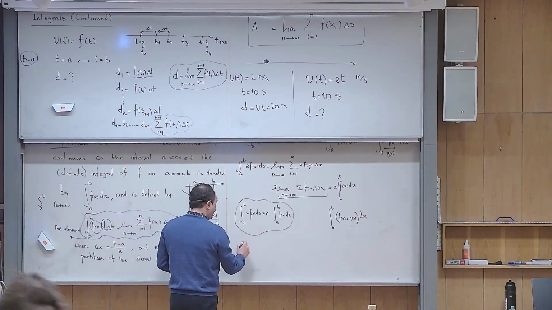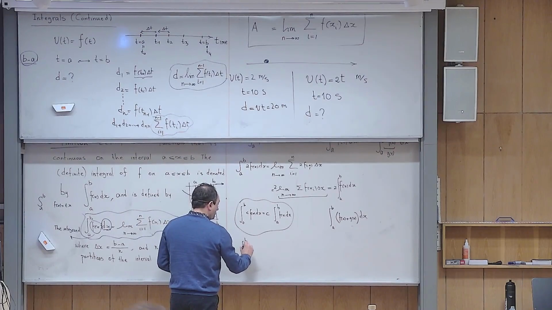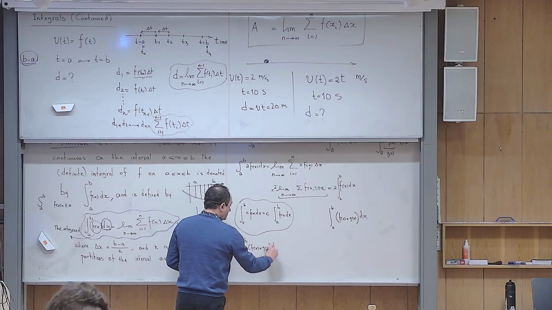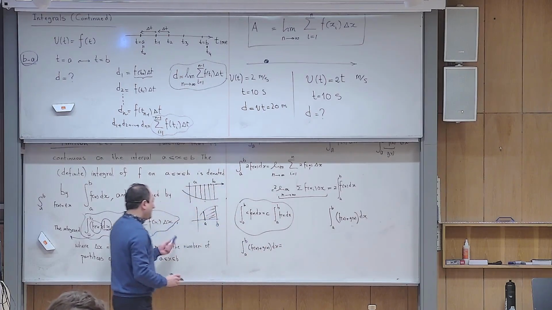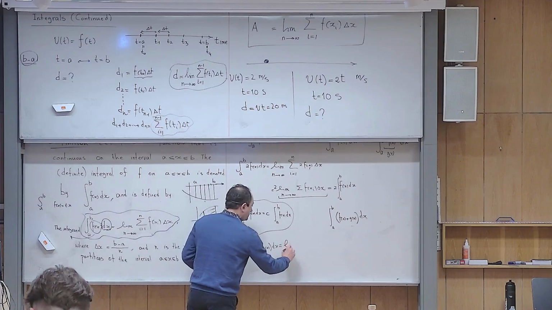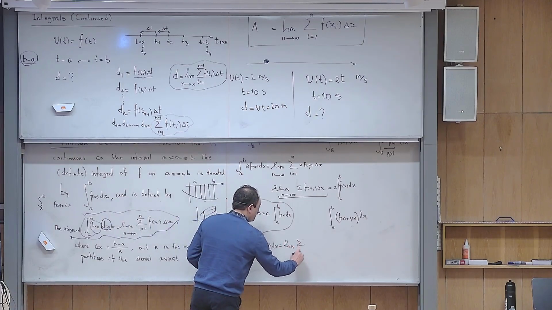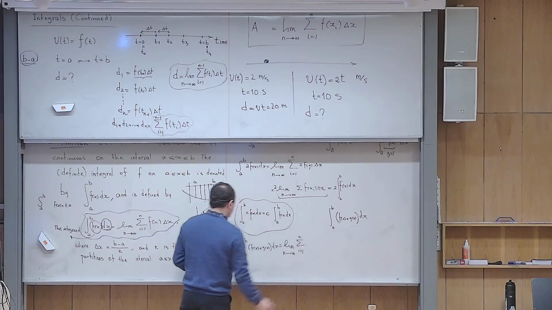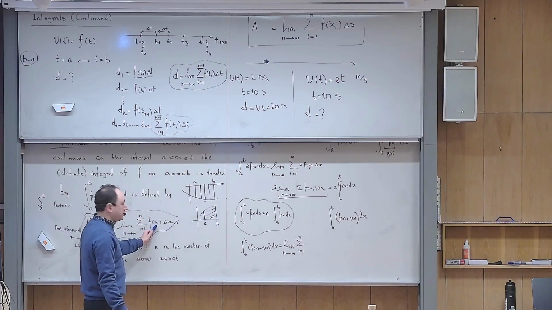Okay, can you help me to write this? If I ask you how I should write this integral, what do you say? Every integral is a limit. So I would write the limit. I would write my sigma, i goes from 1 to n, n goes to infinity. But I want you to help me. What should I write instead of f of xi this time?